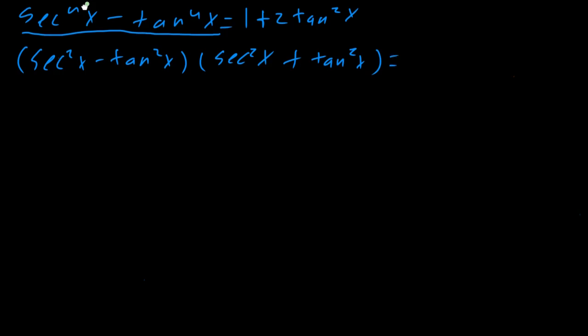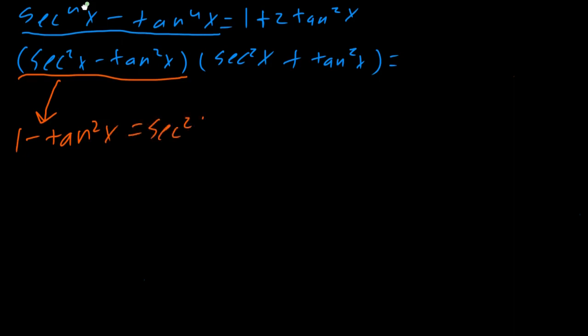And then, okay. So this is equal to something based on our Pythagorean identities. Recall that 1 plus tangent squared of x is equal to secant squared of x.